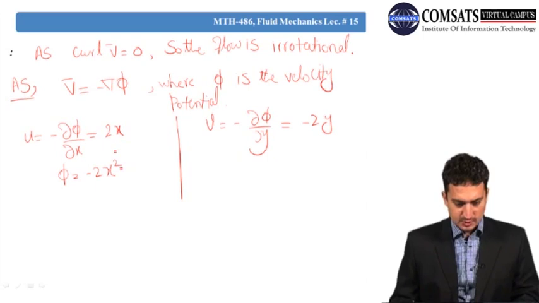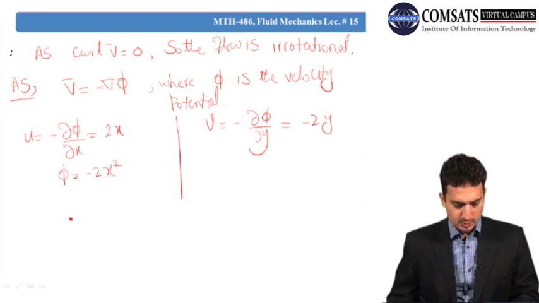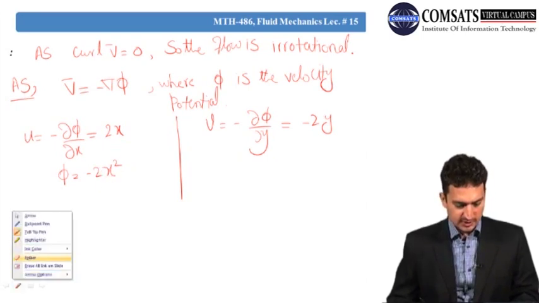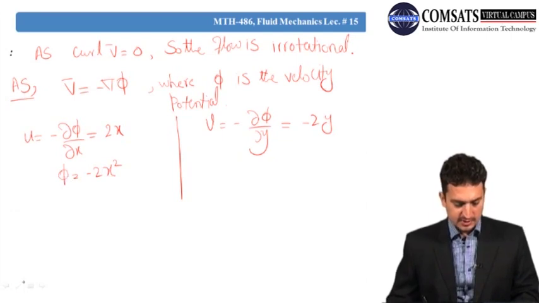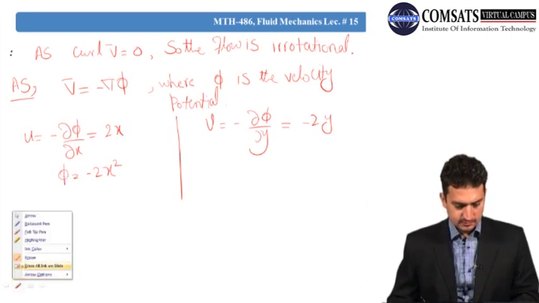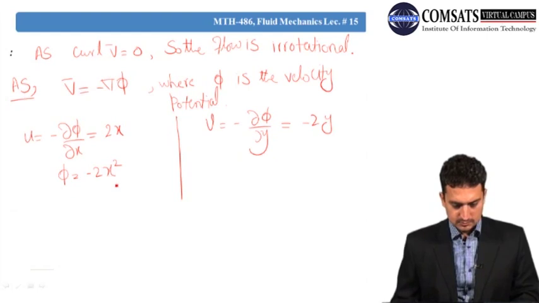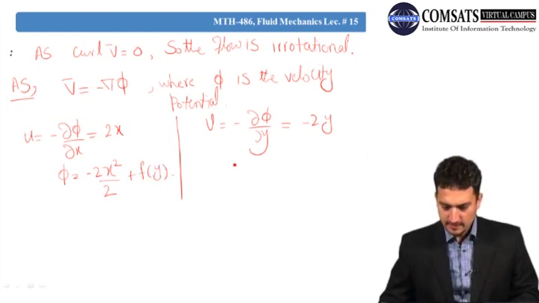In fact, this x square and this 2 will cancel out because we have integrated it over x, plus a function of y here.